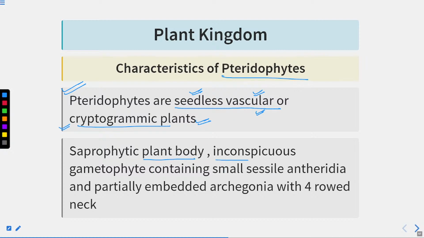Sporophytic plant body, inconspicuous gametophyte containing small sessile antheridia and partially embedded archegonia with 4 rows of neck. This is a very important point. The main plant body becomes the sporophyte in the case of pteridophytes, whereas in the case of bryophytes, it was the gametophyte, the main plant body, right?